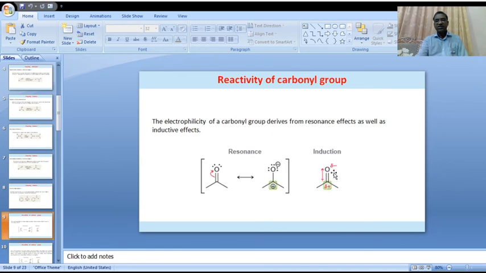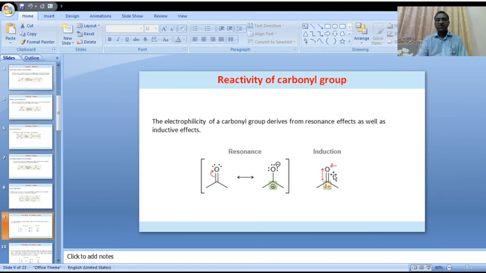This is the inductive effect. Due to that inductive effect, in the carbonyl functional group, that oxygen gets a delta negative charge, as the pi bond electrons are attracted by the highly electronegative oxygen.